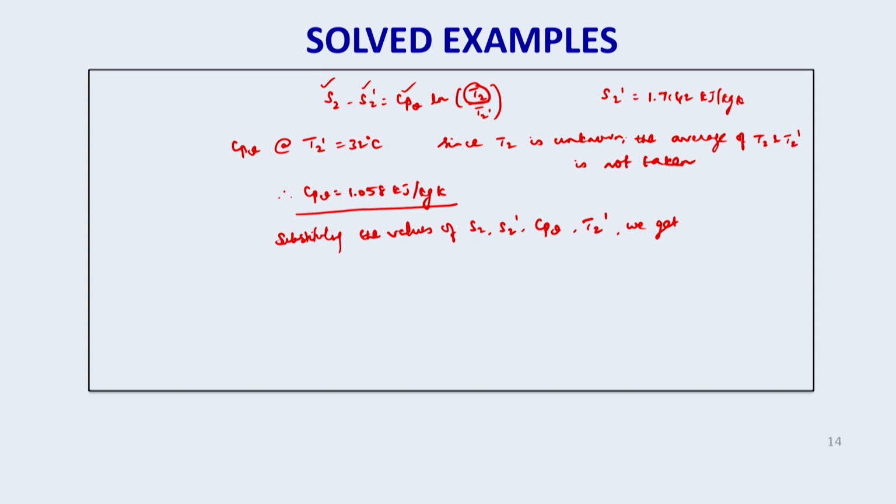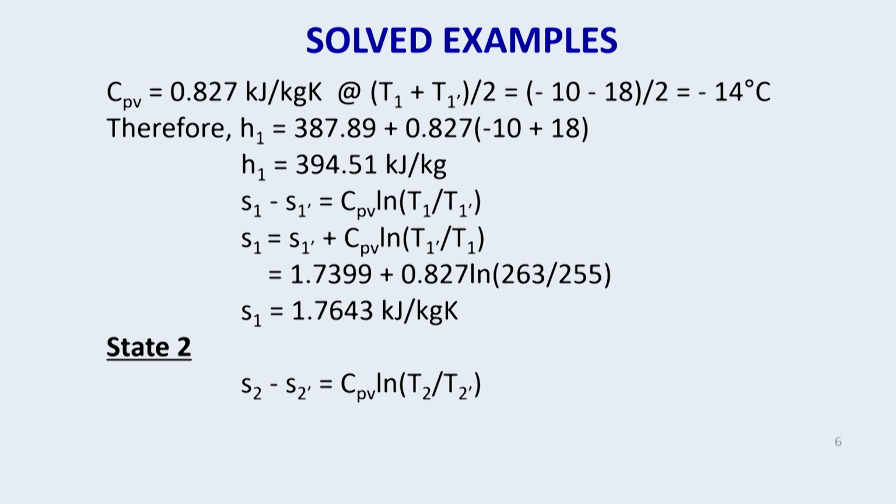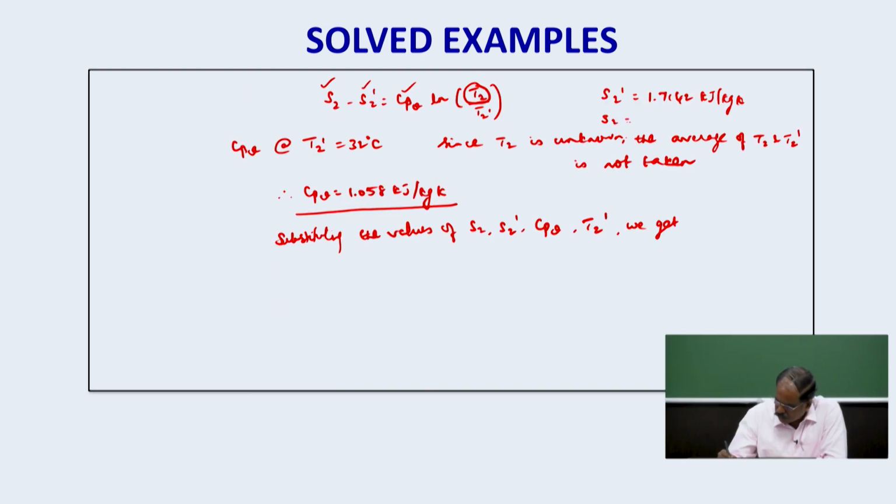And S2 is nothing but S1. We have found S2 equal to S1, 1.7643, because 1 to 2 is an isentropic process. Therefore S2 is equal to 1.7643 kilojoule per kg Kelvin.